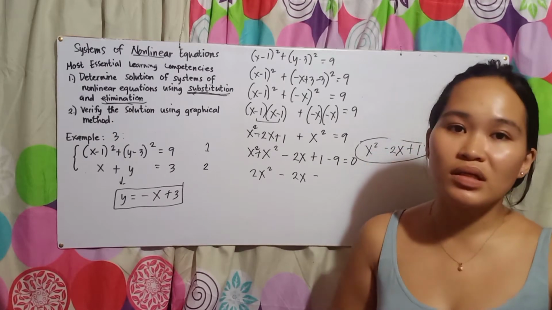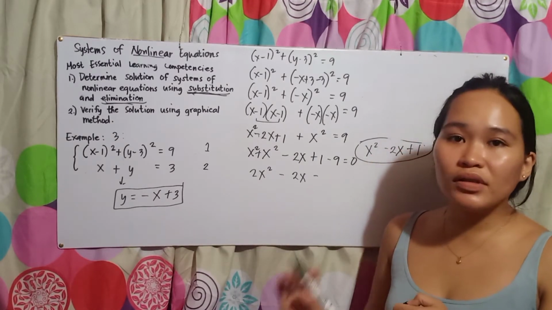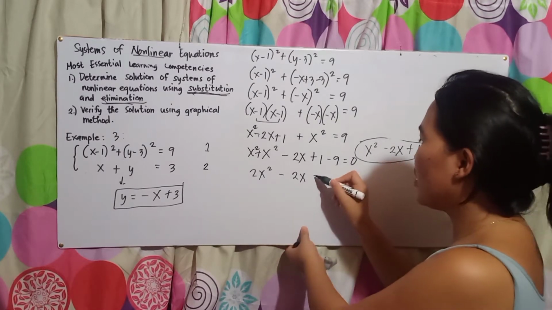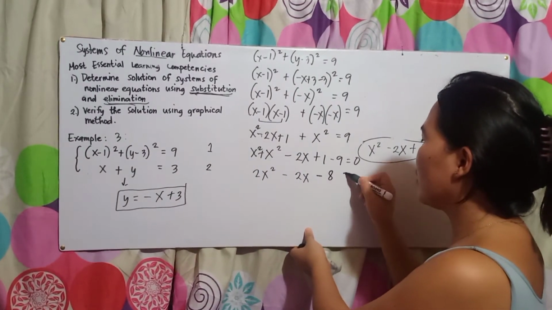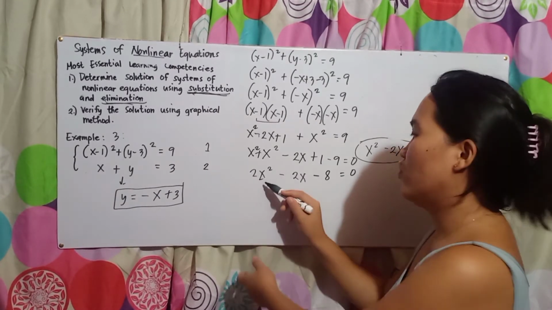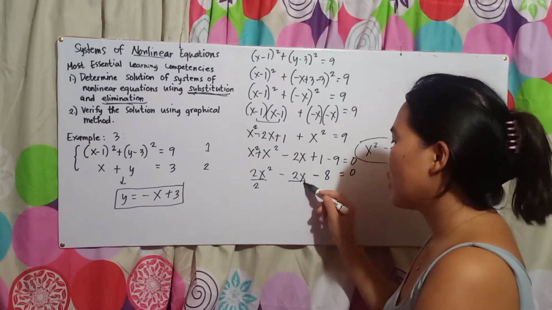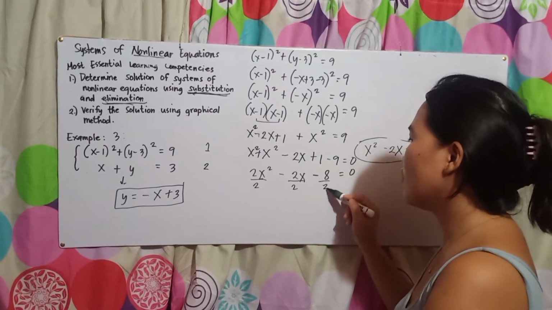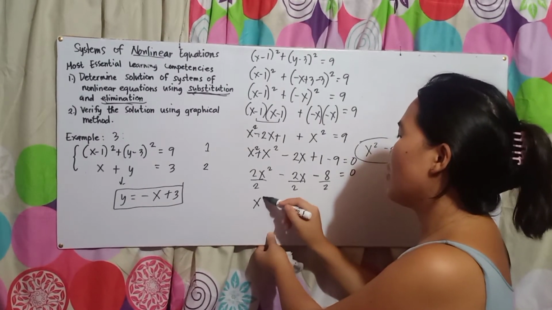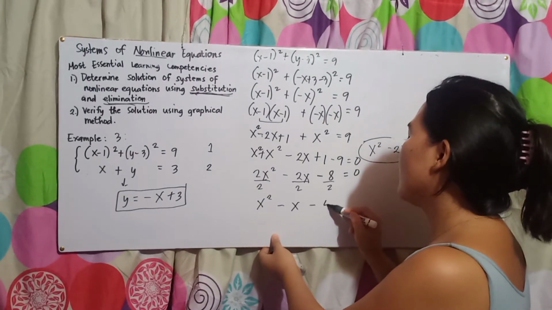They have unlike signs, so we subtract. Then we use the sign of the bigger number, so negative 8. Since they are divisible by 2, to get the simplest form, we get x squared minus x minus 4.